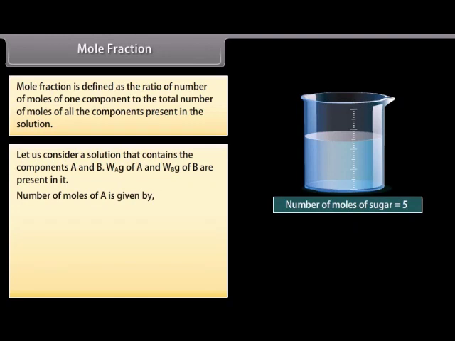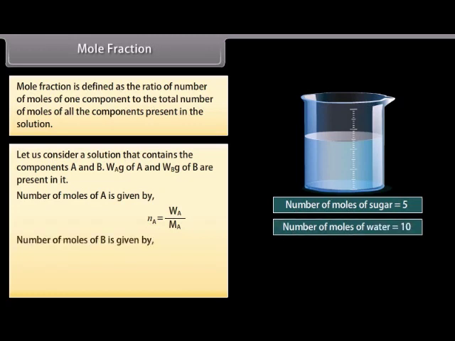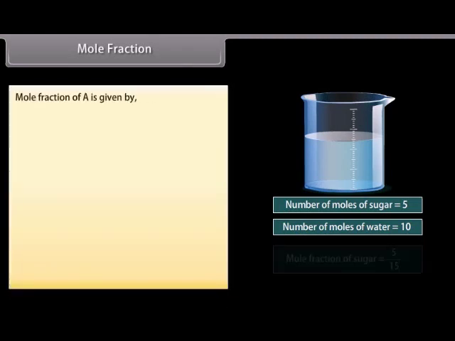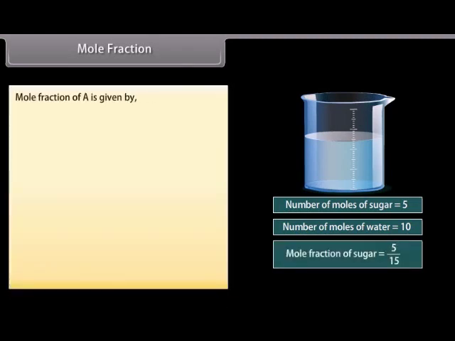Number of moles of A is given by Wa upon Ma. Number of moles of B is given by Wb upon Mb. Total number of moles of A and B is equal to NA plus NB. Mole fraction of A is given by NA divided by NA plus NB.